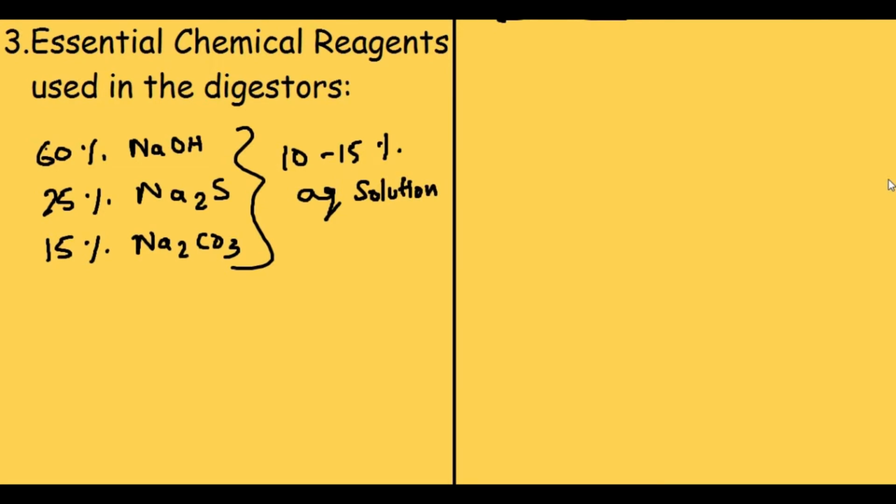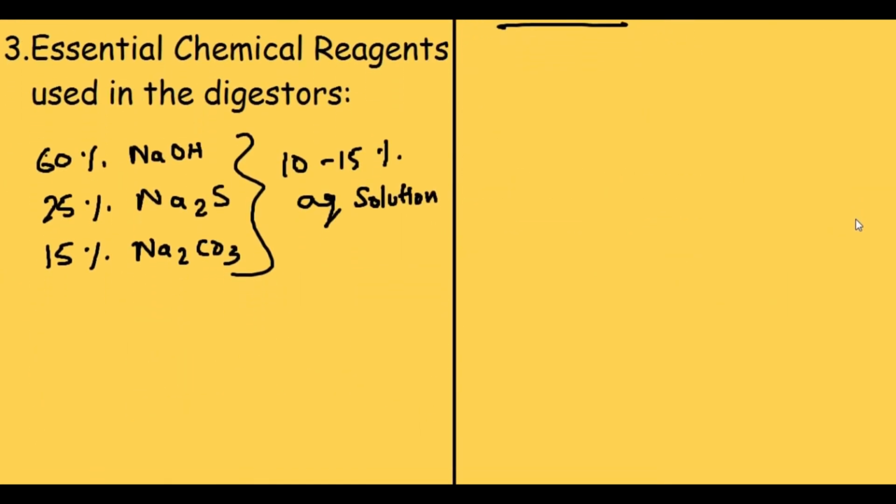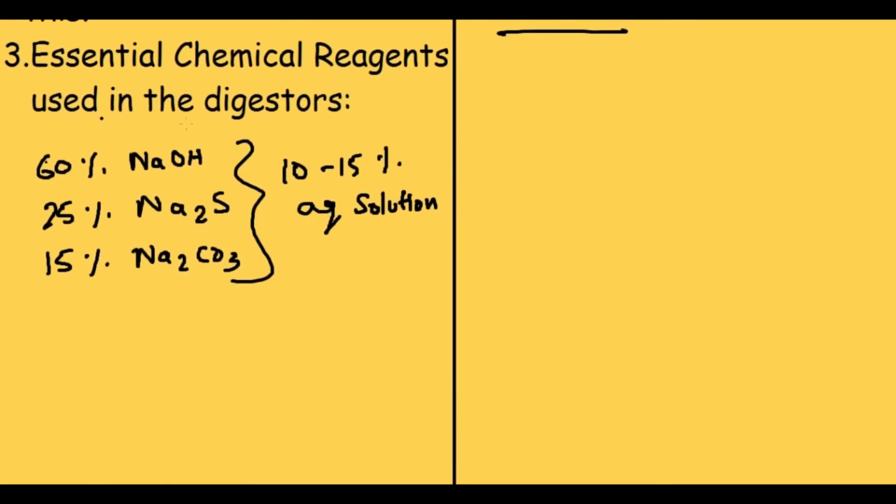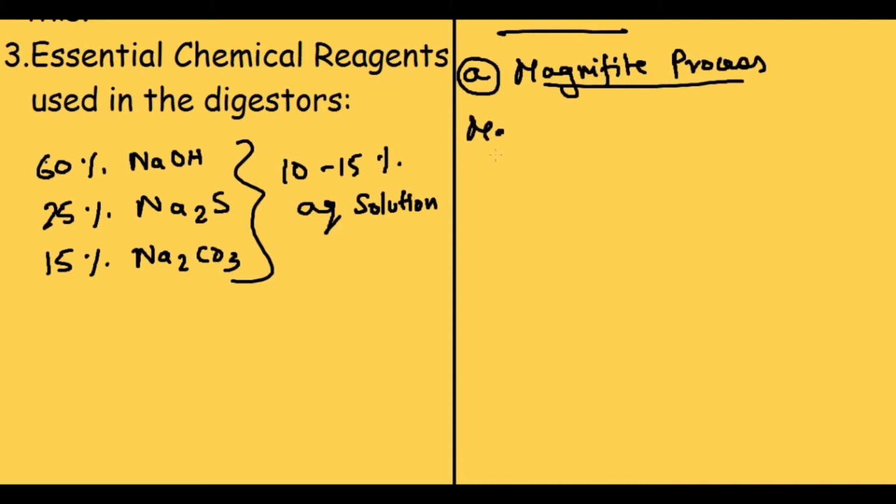And now for the sulfite process. The essential chemical reagents used in the digester depend on the process modifications. If it is a magnified process, then it uses Mg(HSO3)2 plus free sulfur dioxide in acid medium.